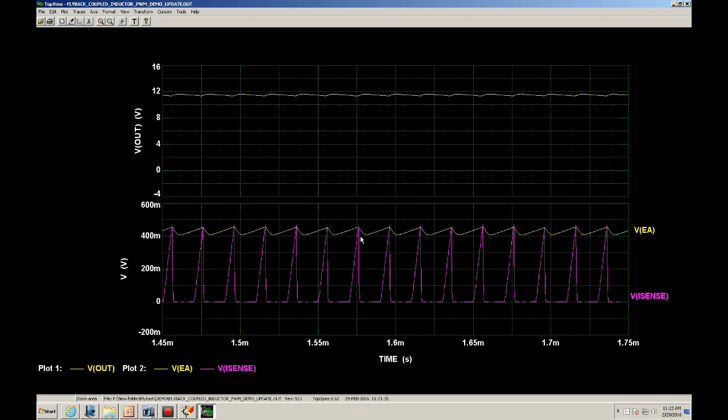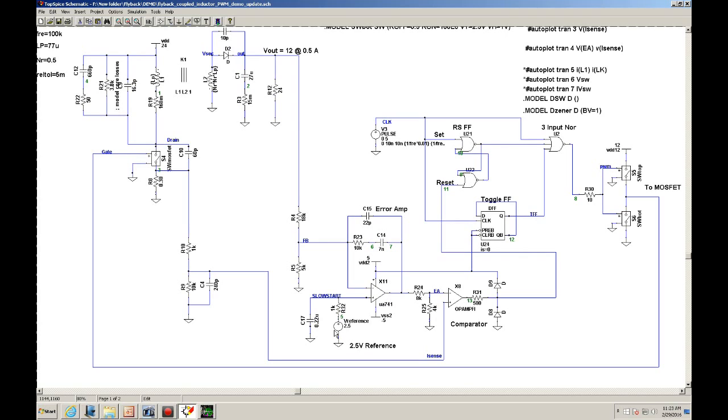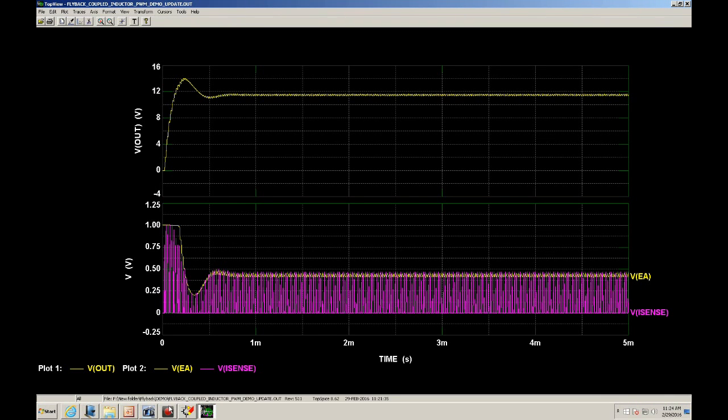Okay, and this is what I was trying to explain in the PowerPoint presentation in video 13, how these interact with each other. Okay, now keep in mind that during soft start or slow start at the beginning, these are going to be maxed out.